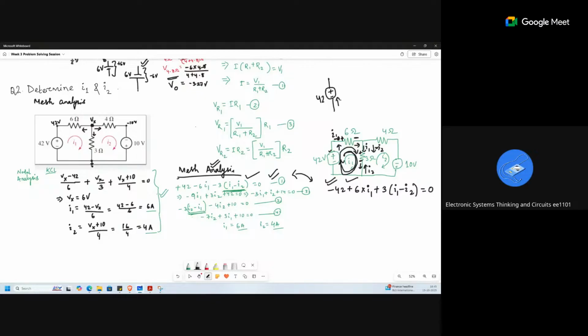I am always considering the entering point of all the elements. For example, this is V6 ohm and plus minus this is V3 ohm. You may ask me how I am writing this as plus minus: the loop is saying that your current direction is this way, so current enters this way.